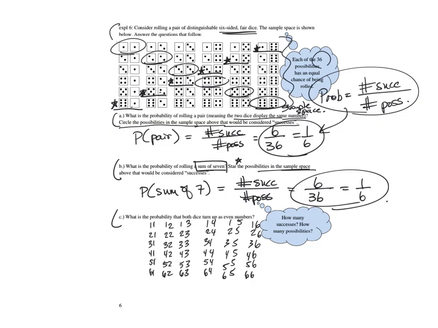All right, letter C. What's the probability that both dice turn up as even numbers? I wrote out this sample space so that I could draw on it without messing up the one that I had already drawn all over up above. So let me do this. So dice both even. Okay, so I'm going to look down the first column.